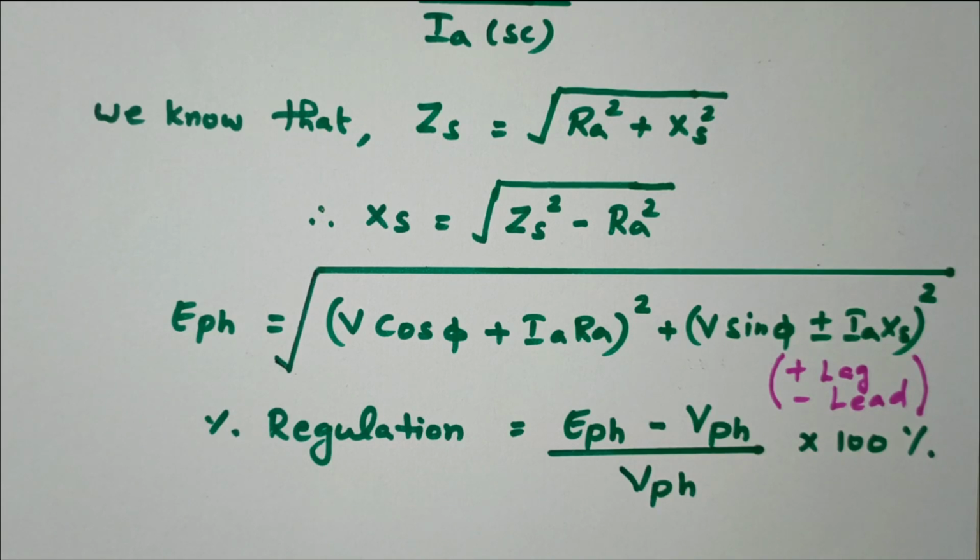In the OC test and SC test, the graph is drawn. We are able to find the E1 phase and short circuit current IASC. These two values are identified from the graph. From E1 phase by IASC we calculated ZS. From ZS, XS is calculated. Then E phase is calculated, followed by regulation.